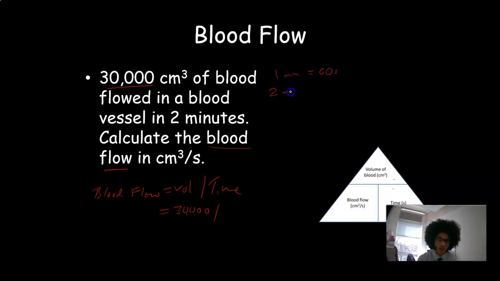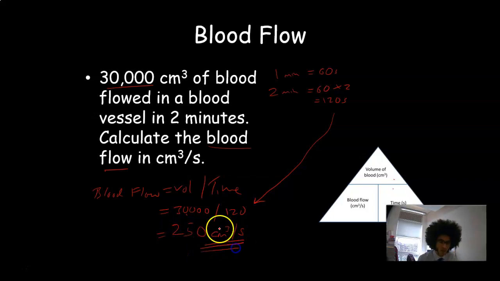Therefore, I've got 2 minutes, so it's going to be 60 multiplied by 2, which is 120 seconds. Therefore, it's going to be 30,000 divided by 120, and that gives me 250 centimetre cubed per second. Never forget your unit, and notice I'm always showing my working.